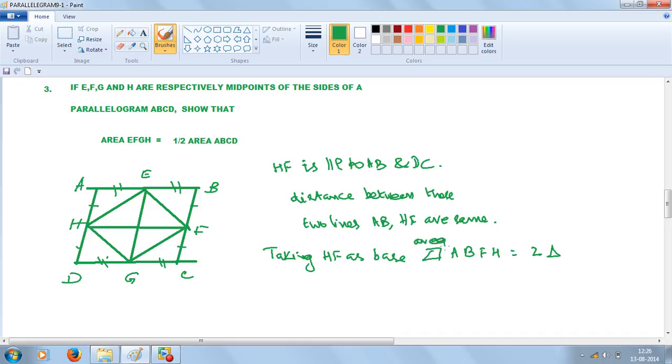This is the area of the parallelogram ABFH, equal to twice the area of the triangle. How? Area of the parallelogram is base into height, same as twice the area of the triangle, which is half base into height.